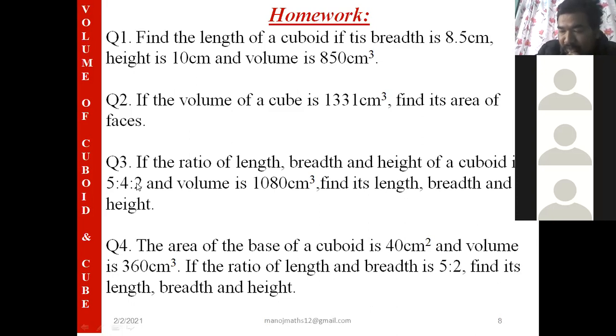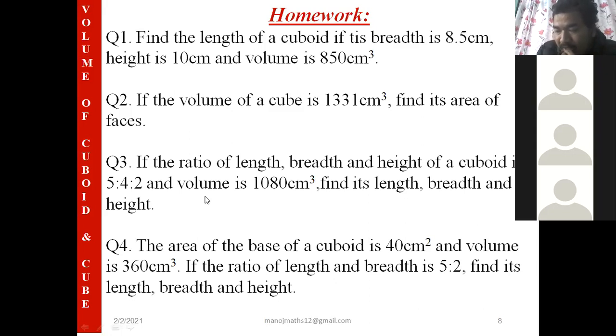Then 1080 will be divided by 40, and on the right side x cube remains. Cancelling 1080 and 40: 4 into 27 is 108. So 27 is the value of x cube.